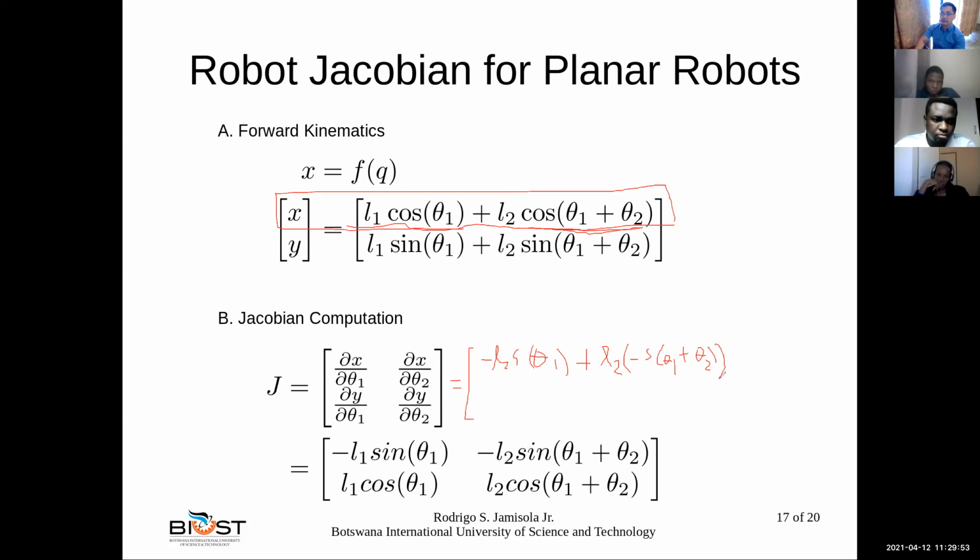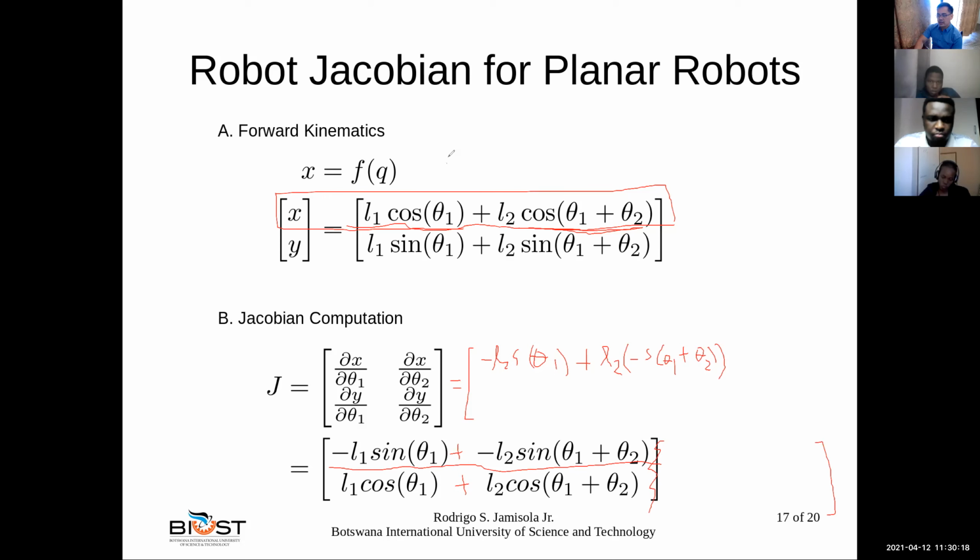That is the first part. I think there's a problem when I added them. This should be together, plus like that and plus like this. There's a last term that is still not there: the derivative of this with respect to theta 2.